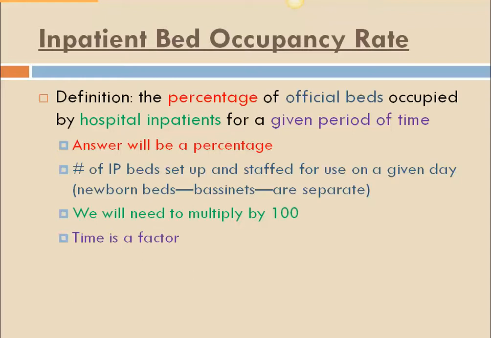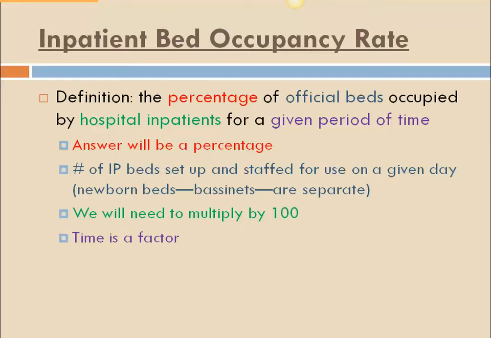Okay. What else do we know from the definition? We see that it says occupied by hospital inpatients. So if you think back to when we were calculating inpatient rates, that tells us that in our formula, we're going to need to multiply by 100 because inpatient rates are calculated at a per 100 rate.